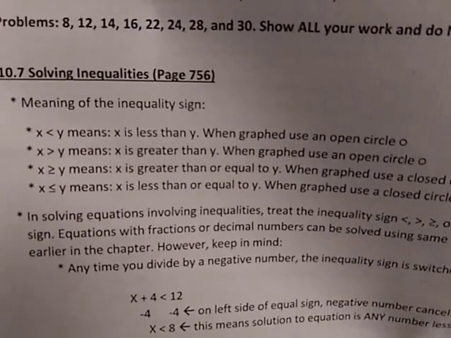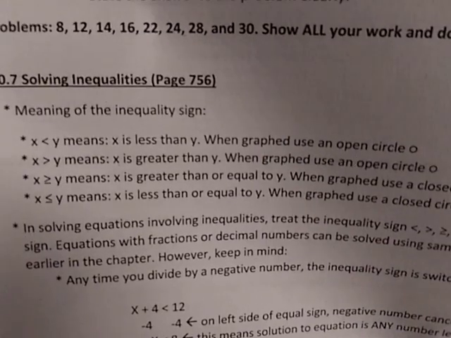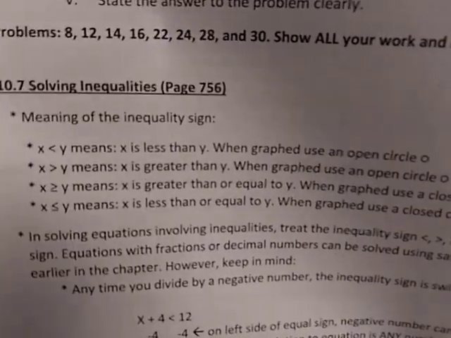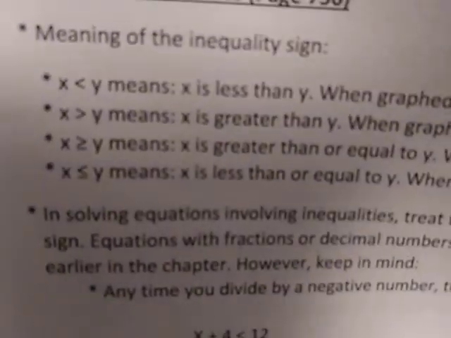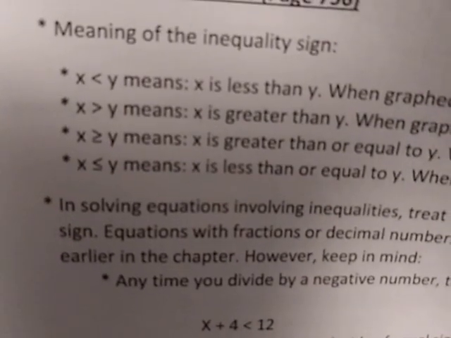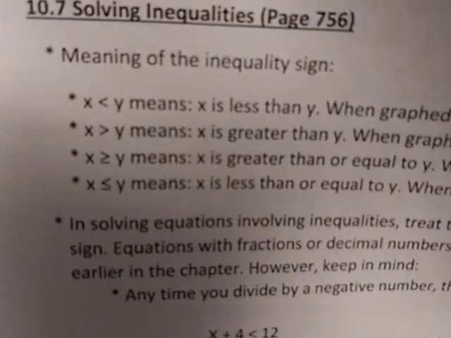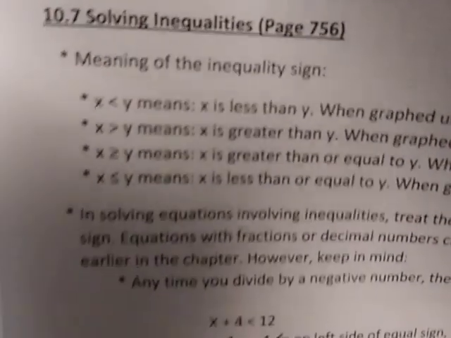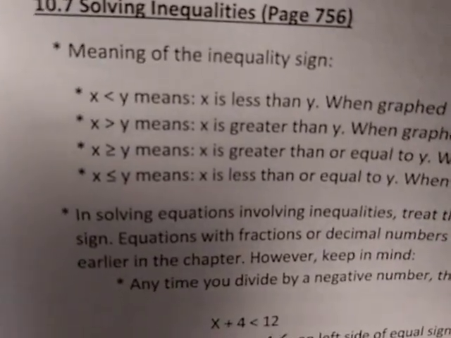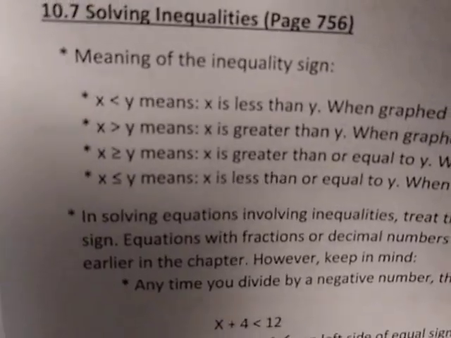So in the second bullet point here, I have x is greater than y. Notice how the third one here has x greater and then a little line on the bottom, which just means greater than or equal to. And the last bullet point, I have it as x is less than or equal to y. Okay, so I'll have it here like this.